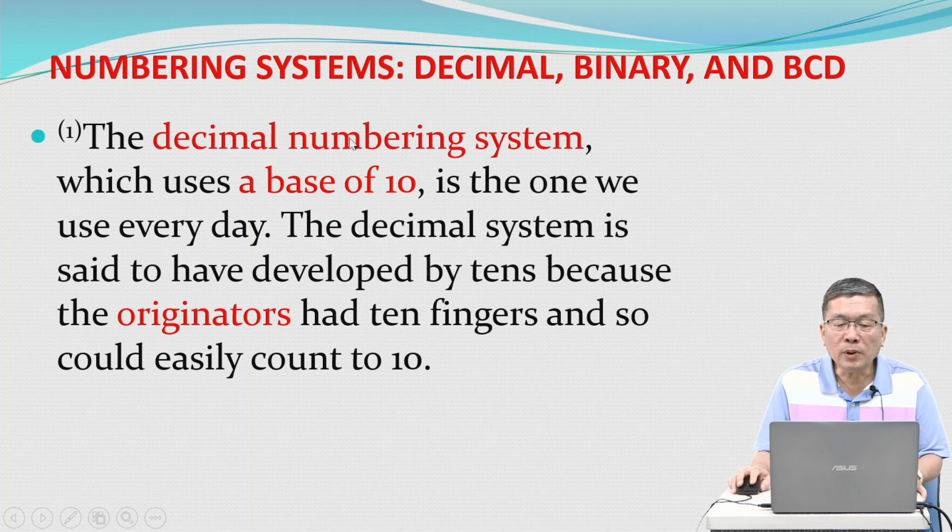The decimal numbering system, which uses a base of 10, is the one we use every day. The decimal system is said to have developed by tens because the originators had 10 fingers and so could easily count to 10.